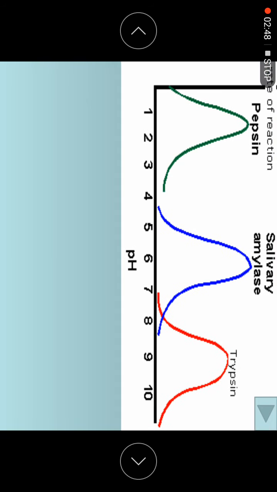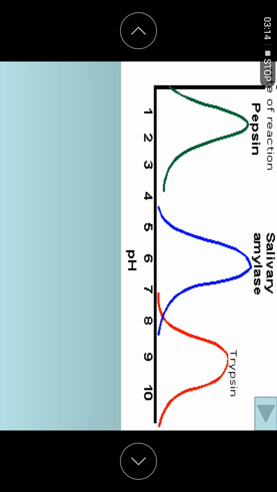If we were to draw out the graph of the rate of reaction versus the pH, you will have a different graph for different enzymes. That means pepsin one graph, salivary amylase another graph, then trypsin another graph.